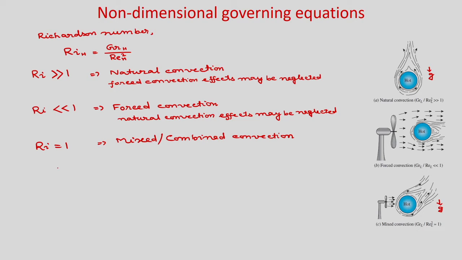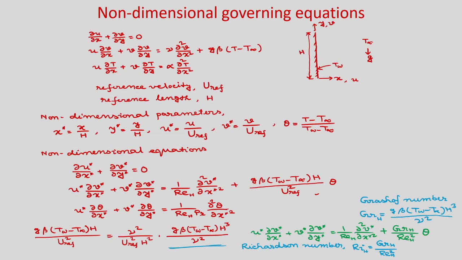So, it is convenient to choose u reference square is equal to g beta T w minus T infinity into h. So, that the term with the theta, you can see this term, will become 1.